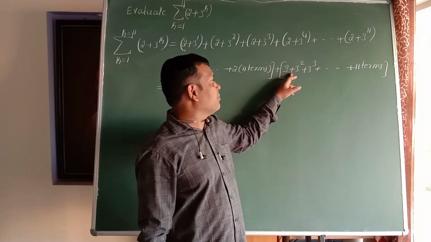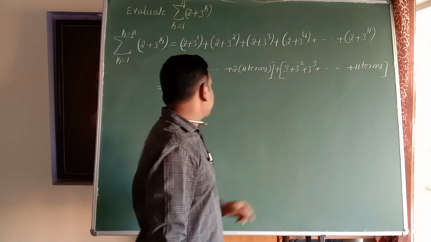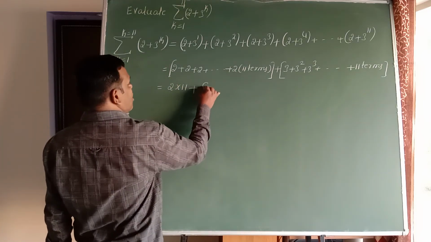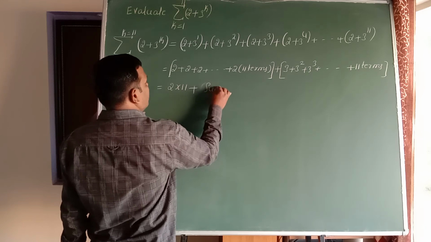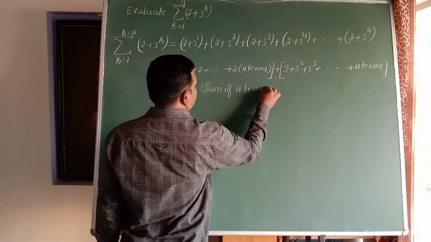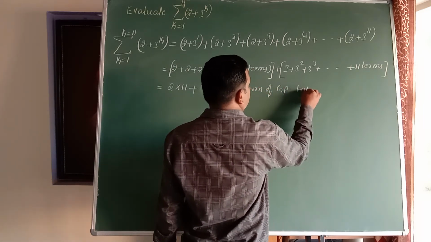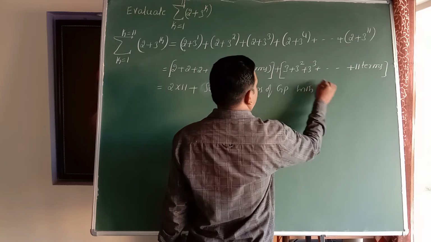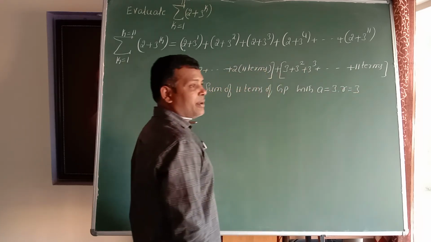Therefore sum of how many terms? 11 terms of GP plus Sn of, that means sum of 11 terms of GP, with the first term A is equal to 3 and R is equal to 3 itself, T2 by T1.